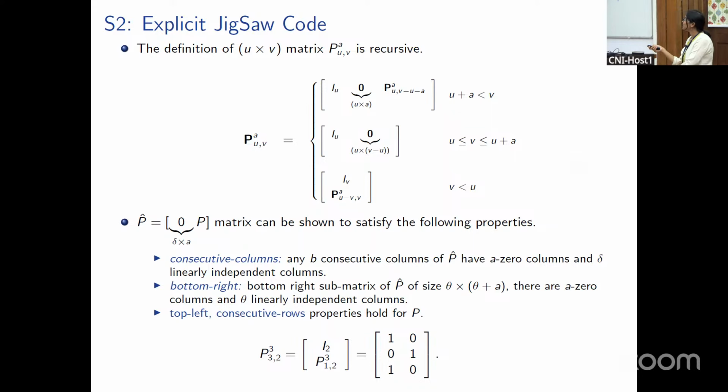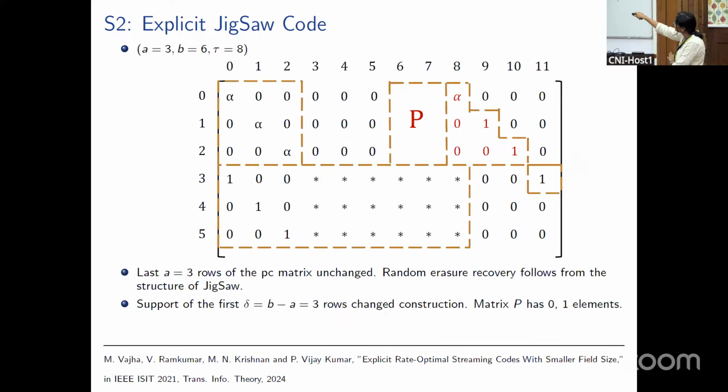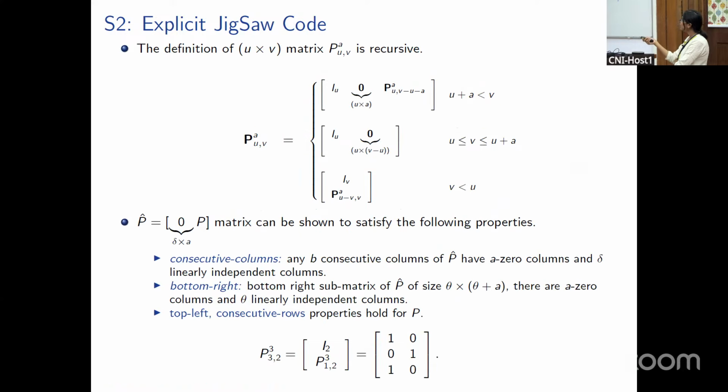And what we show is that this P matrix, when you append it with the 0 columns, so P is a delta cross tau minus P matrix, it's basically sitting in this jigsaw puzzle here. And we show that this P hat matrix that we constructed, which has these 0 columns in between, satisfies some equivalent conditions like the ones we have seen.